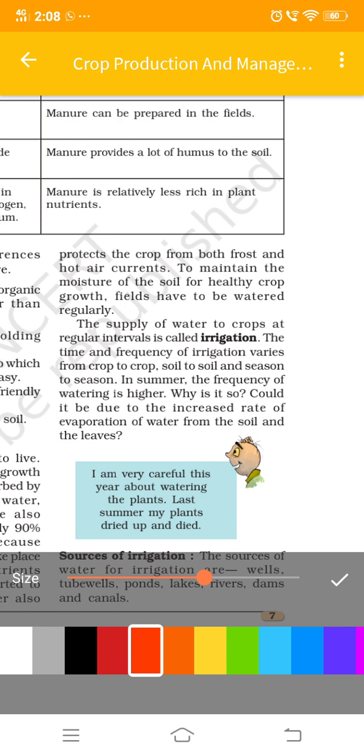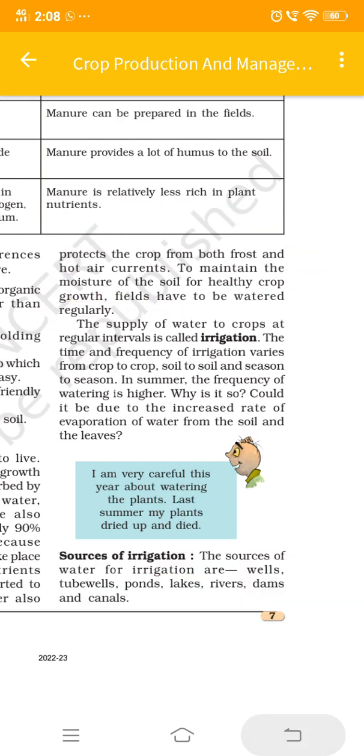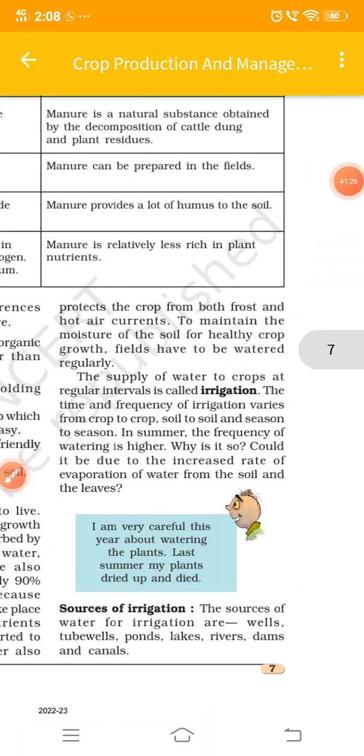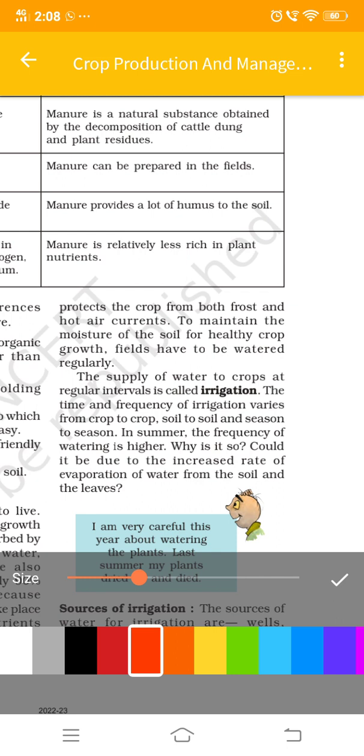We are just studying this. We need to ask this to the teacher. Okay, just mark this. What is frost? I think frost means the solid form of ice, like snowflakes or hail. Yeah, I know frost.